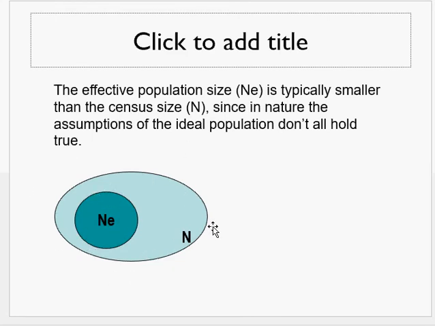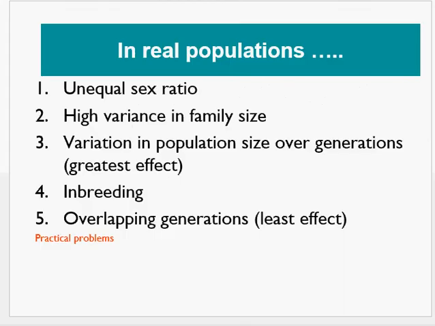And the reason for that is, in real populations you tend to have unequal sex ratios, so there may be more males than females or more females than males. There tends to be a high variance of family size for selective and for random reasons. One family may have more offspring than the other, and therefore their genotypes have more chance of contributing to the next generation.